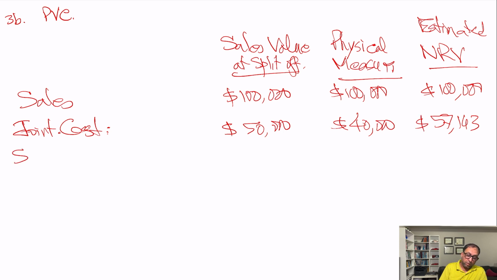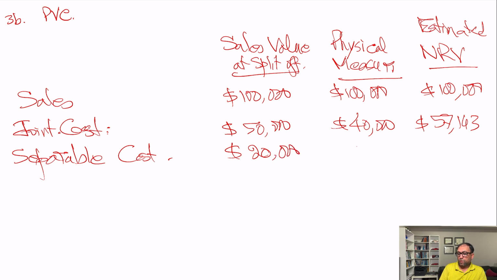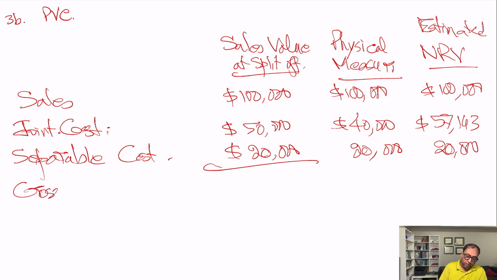And the separable cost is 20,000. So we get the gross margin, which is 30,000 in this case, and simply it is 30%.